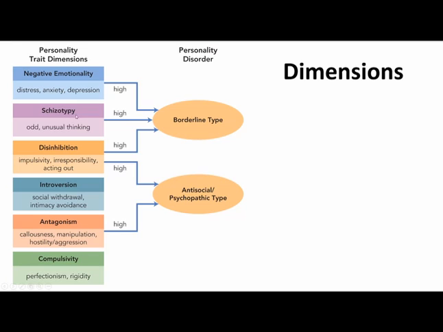We can also look at schizotypy, which is basically odd or unusual thinking. So the same root as schizophrenia, where it's disordered and odd behavior and thinking. We can have disinhibition, where if you're scoring high in disinhibition, you're very impulsive. You're not inhibited. You're irresponsible. You act out.